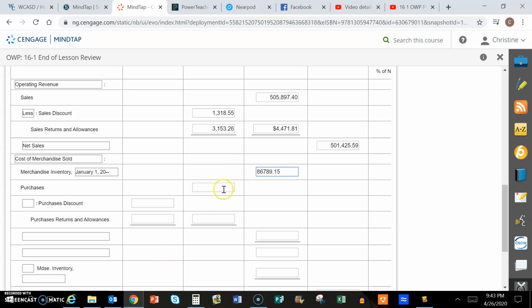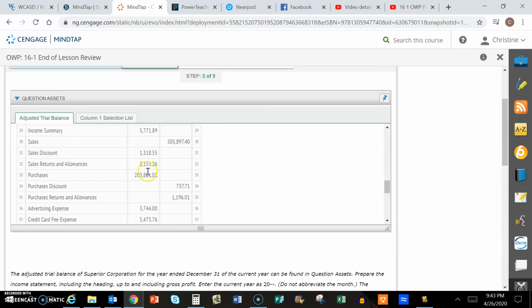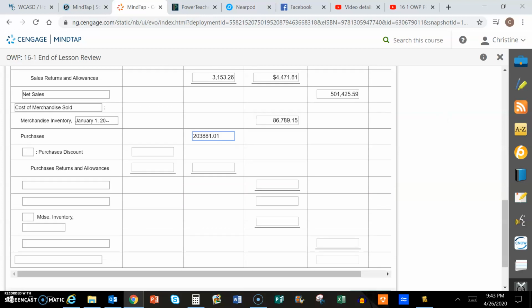Okay, then we have our purchases. So our purchases are 203,881.01. And again, if I go back up here, 203,881.01. And here's my discounts and my purchase returns and allowances. So I'm going to plug these numbers down here.